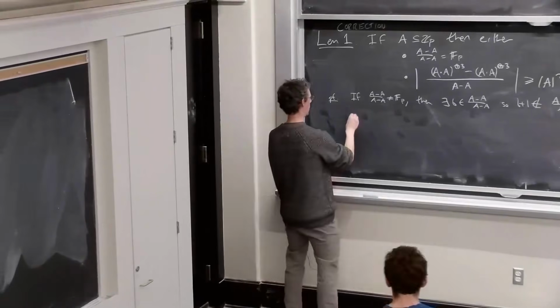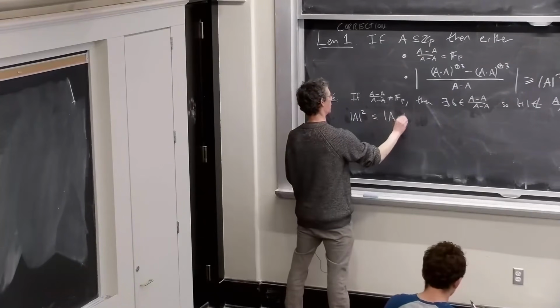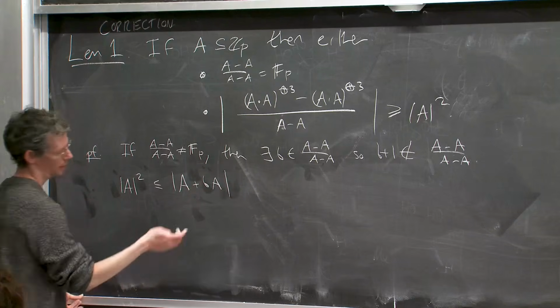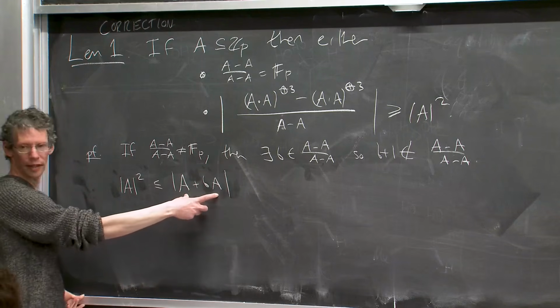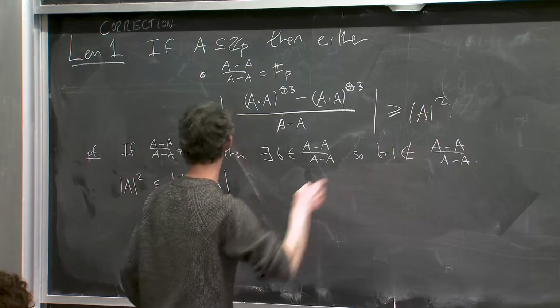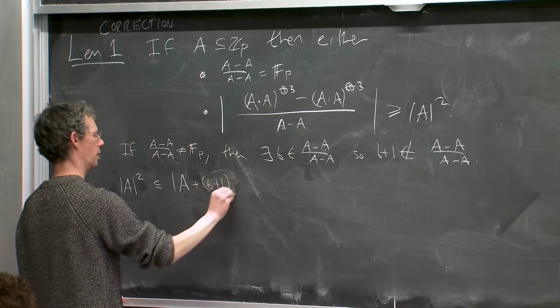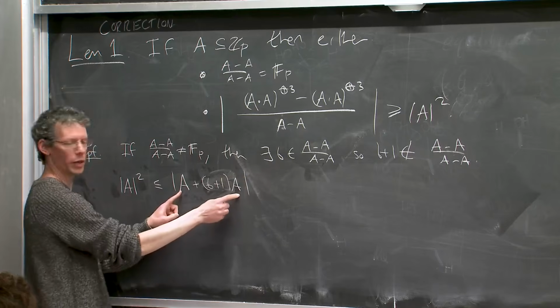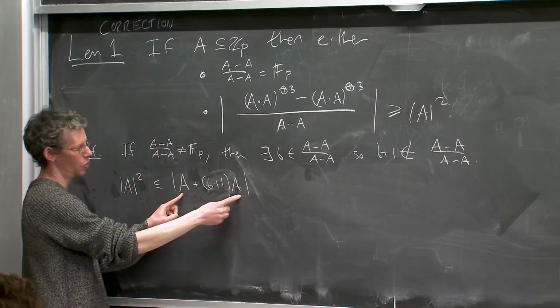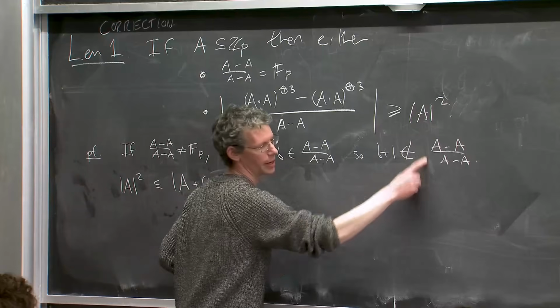And then we can say that |A squared| is at most |A plus BA|, because if you had any coincidences in that sum, it would cause B plus 1 to be written this way. If we had any coincidences in this sum, you could solve for B plus 1, and you would be able to write it in this way.